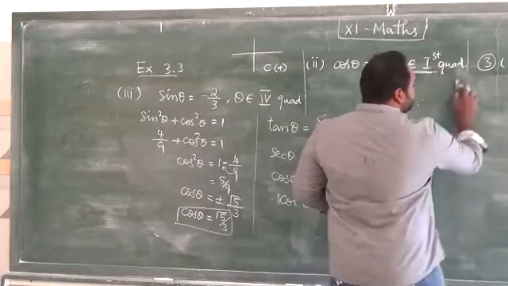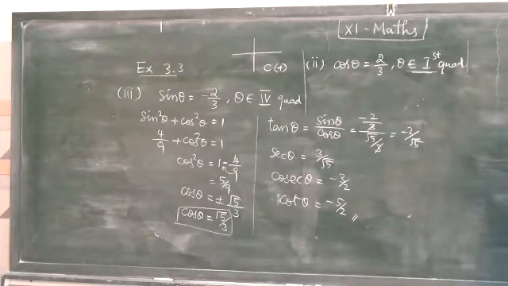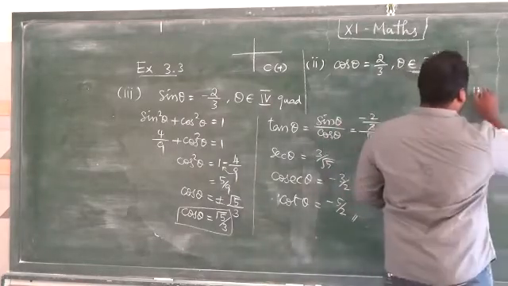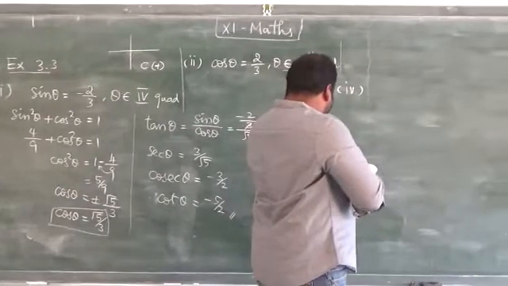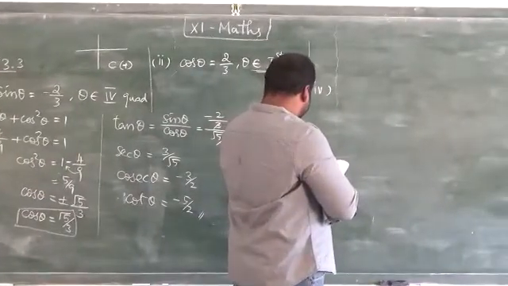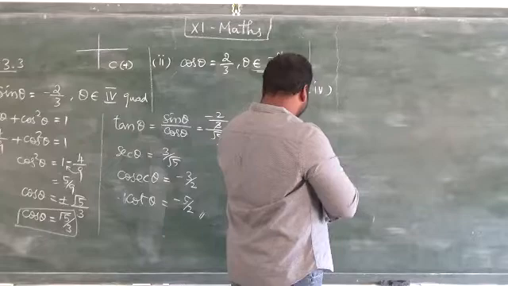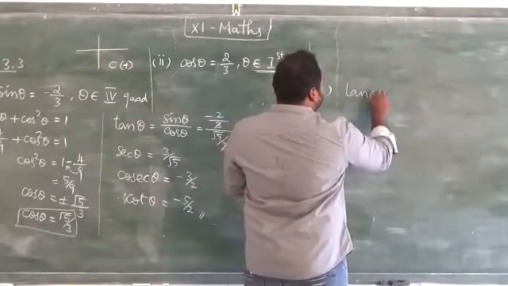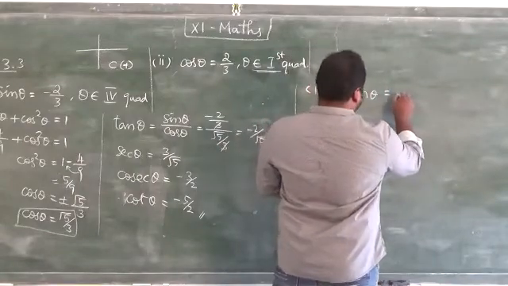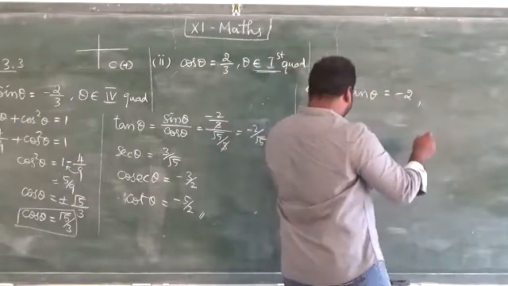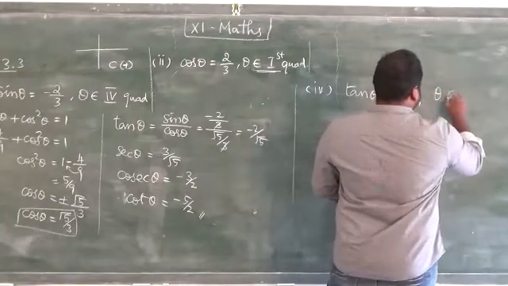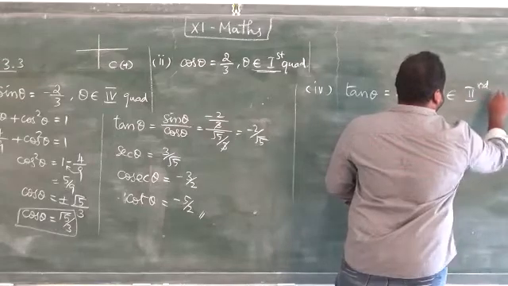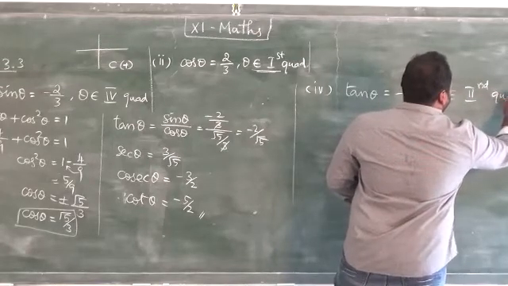Next, subdivision 4. Tan theta equal to minus 2, theta belongs to the second quadrant.